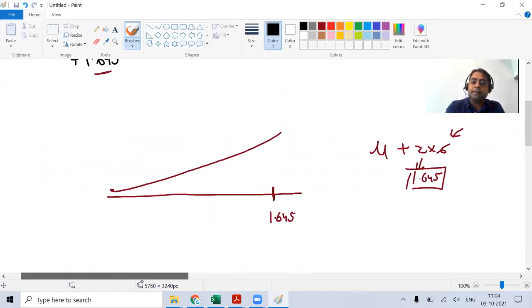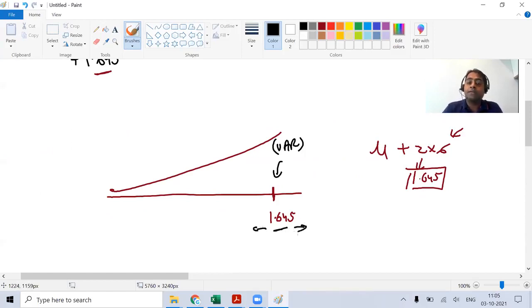I'm coming back to the example I'm referring to. This point or this line represents my VaR. But I want to find a confidence interval next to this VaR number, that means next to this standard deviation. It can be on this side and this side, because I'm looking at a confidence interval.